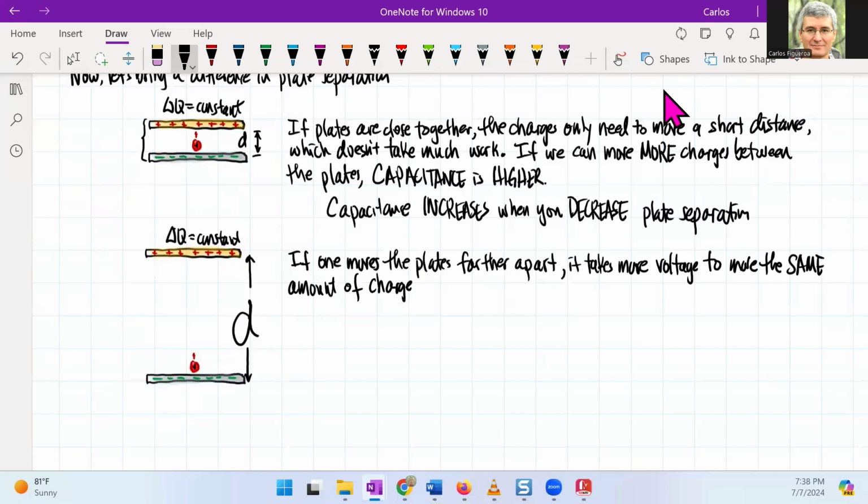It takes more work, right? It takes more voltage to move the same amount of charge, since they must move a farther distance.